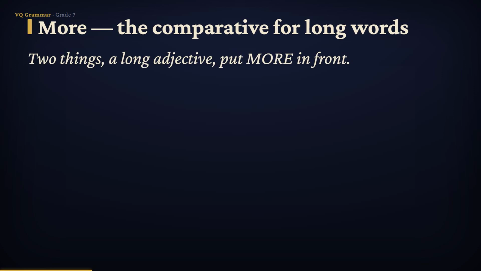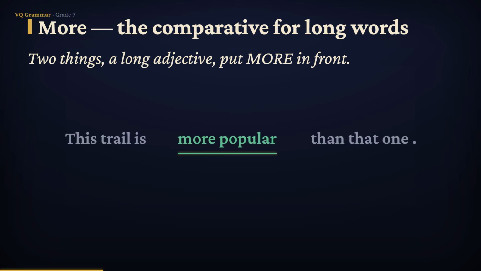Let's meet the comparative for longer adjectives. When you compare exactly two things with a long adjective, you don't touch its ending at all. You place the word more right in front of it. Look, this trail is more popular than that one. Two trails, side by side, so it's the comparative, and popular is long, so we say more popular, never popularer.